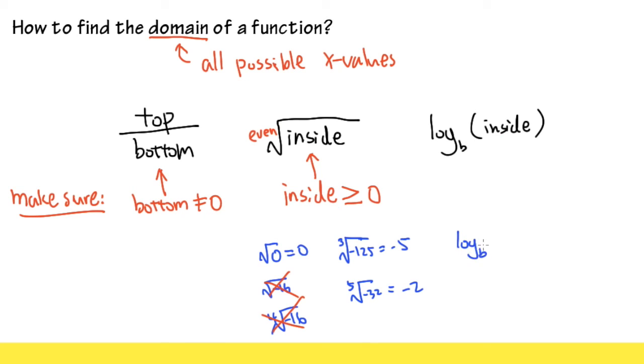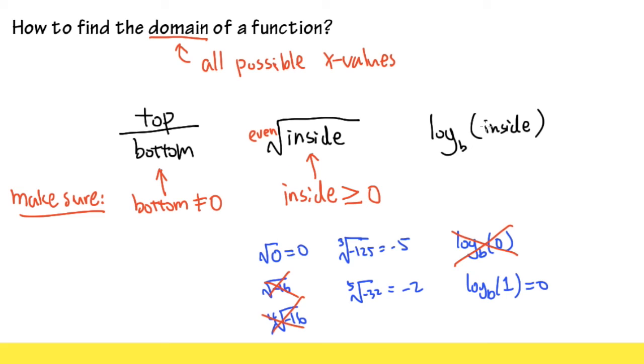Log of any base of 0 is bad. You can use a calculator to verify, but this is undefined. You will get a math error on the calculator. How about log of any base of 1? Yes, the answer to this is 0.